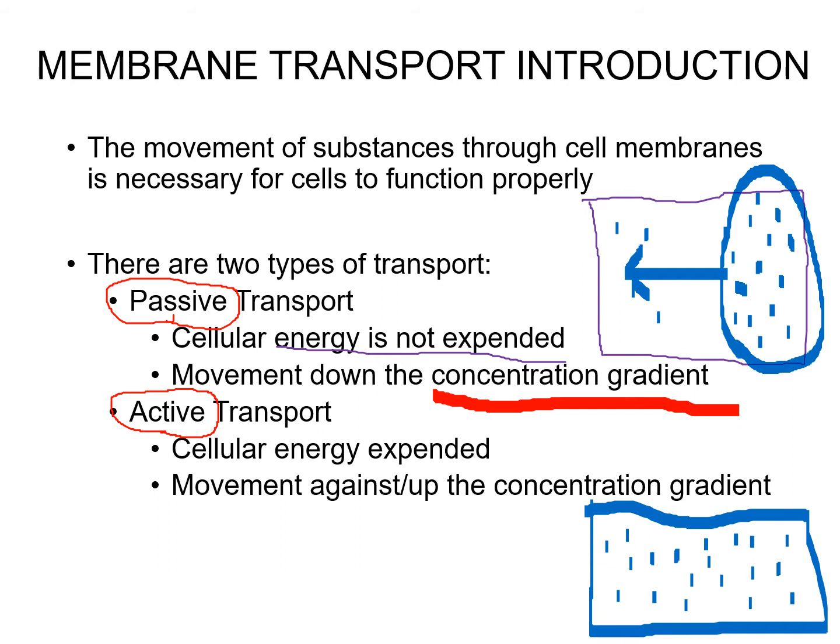So a concentration gradient, once again, is the difference, the imbalance. And what happens during passive transport is we always go from the high number to the low number. And that's what we saw. The 14 particles on the right moved to the 4 particles on the left to mix in and make it more even, 50-50.